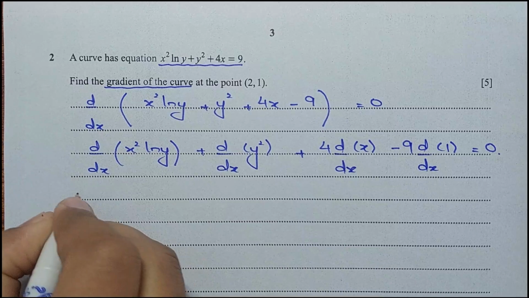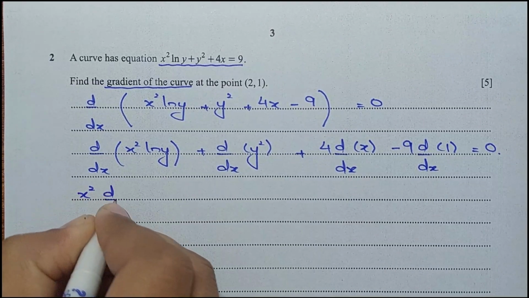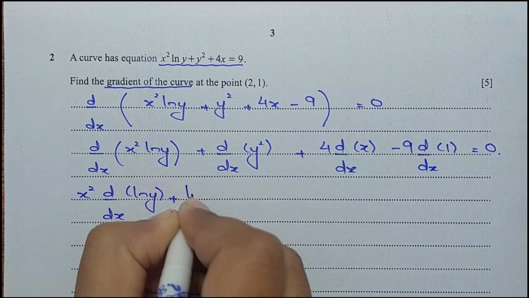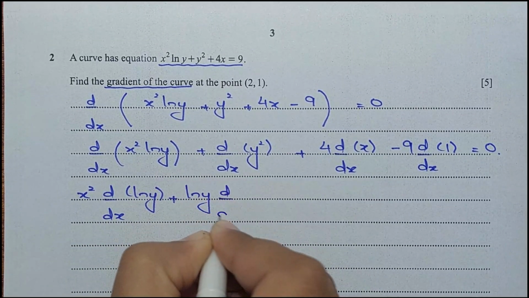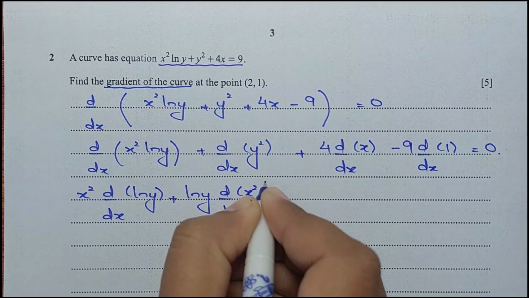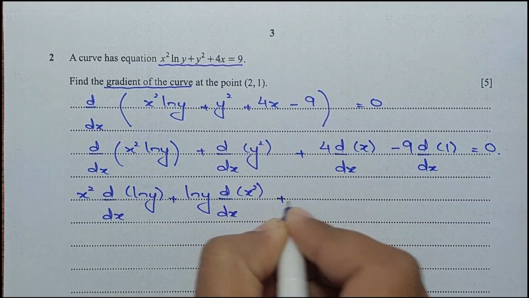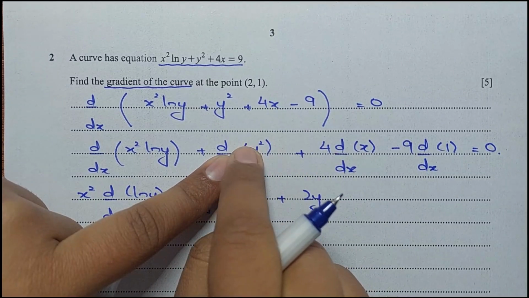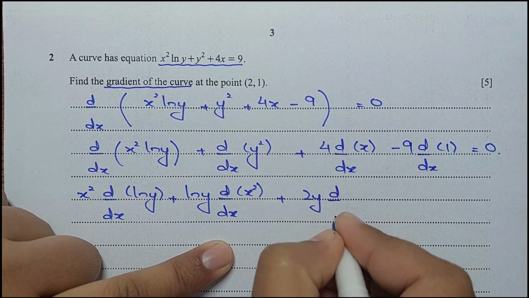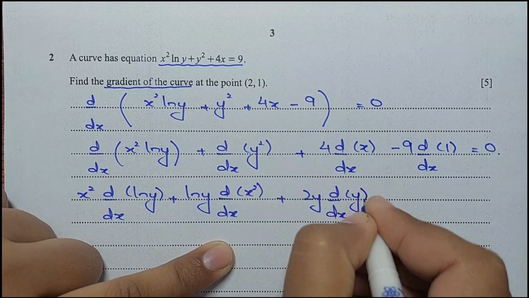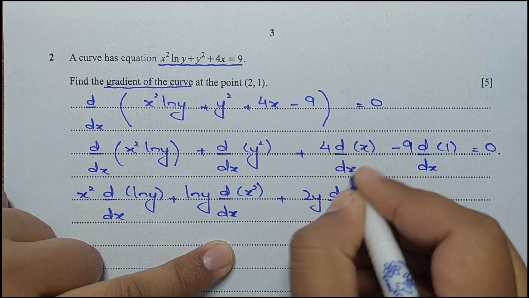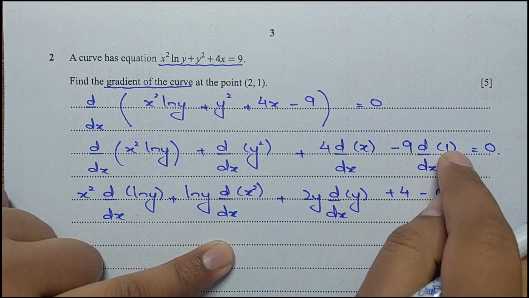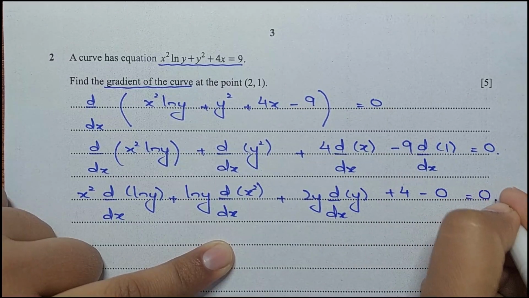Okay, applying the product rule over here, the first function is as it is, derivative of the second function, natural log of y, plus the second function as it is, derivative of the first function, d by dx of x square, right? This one's derivative is 2y, because y square derivative is 2y, and dy over dx, d by dx of y. Okay, this is 4, because d by dx of x is just 1, and minus 0, because derivative of 1 is 0 and 0 times minus 9 is 0.